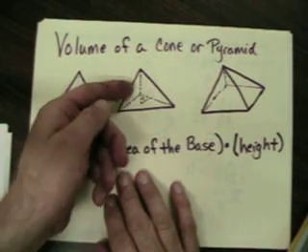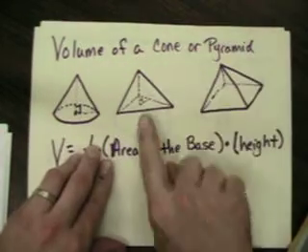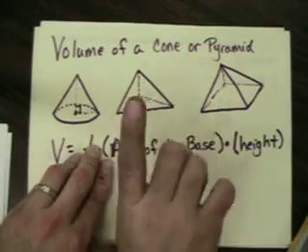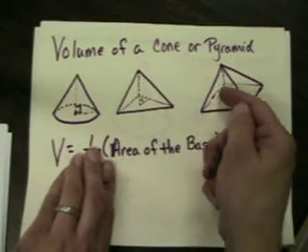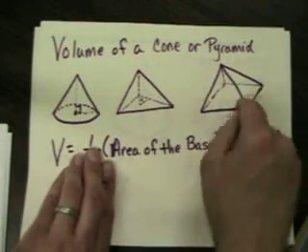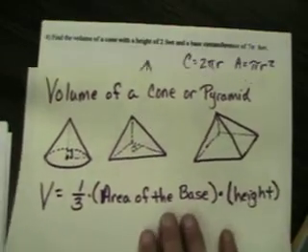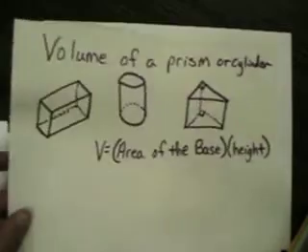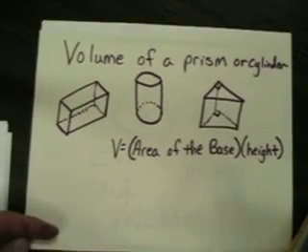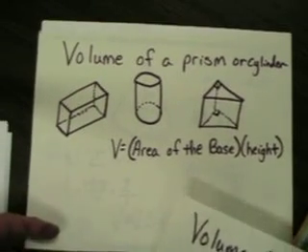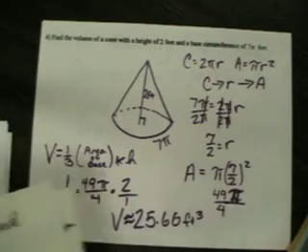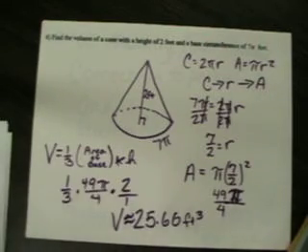You'd have to find the triangle on that side, the triangle on this side, the triangle on this side, and the triangle, of course, on the bottom. You'd have to find the square on the bottom and the 4 triangles on the side if you were trying to find surface area. Okay, volume of a prism, area of the base times the height, and those are the only ones I'm going to put back up here. Good luck.